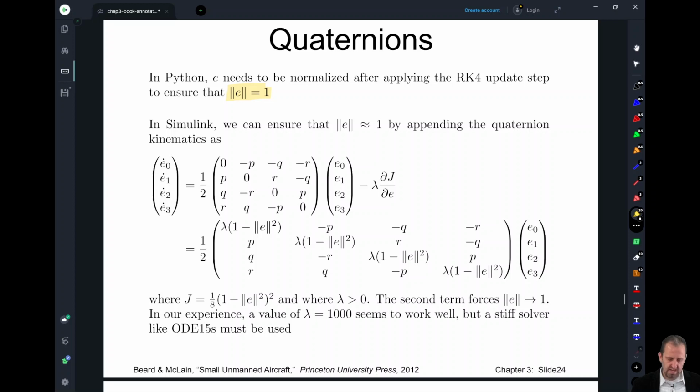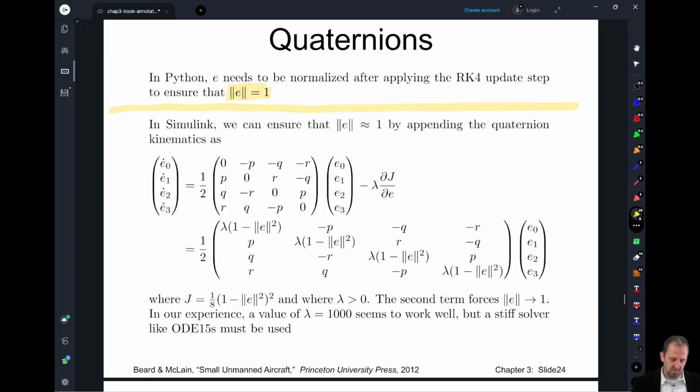After we do our RK4 update, we just need to make sure that we've normalized E. If you're in Python or creating your own integrator, just make sure that when you update E, you normalize it.